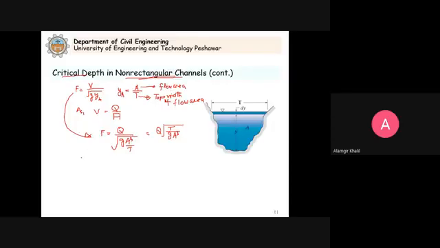Now for an irregular shape flow section of area A carrying a discharge Q, we can write down the specific energy. The specific energy is equal to the depth of flow plus the velocity head divided by 2g. In terms of the discharge, this will be equal to Y plus Q square divided by 2g into A square.